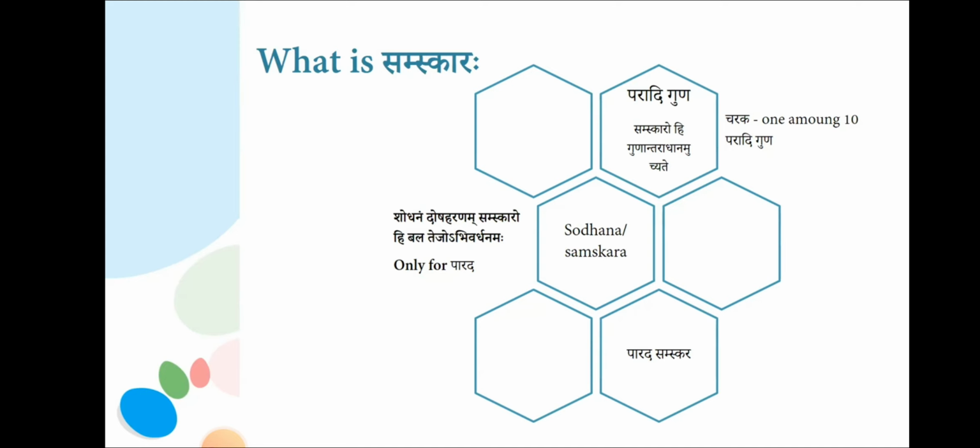This is the basic idea of Rasa Shastra. Anywhere in Rasa Shastra, we give a patient a medicine which is known for its poisonous activity. Even apart from metals and minerals, even the Visha like Vatsanabha is known for its poisonous activity.